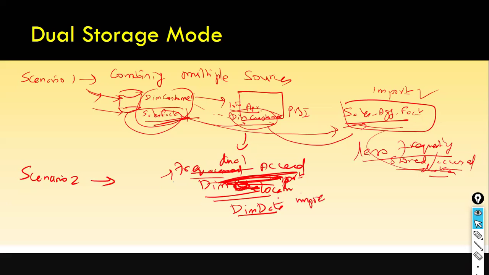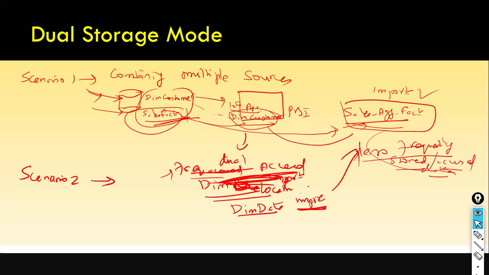Okay, and then you want to combine this table with the more frequently accessed table, and then less frequently accessed table. Okay, so less frequently accessed, this one. Okay, this is the more frequently accessed. Also, we keep it in import mode, and less frequently accessed data also we will use in import mode.